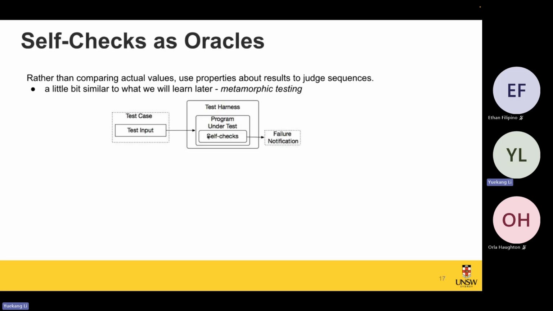But if we inject some checks within the target function itself, then we don't need to care about what kind of input we receive, right? If we can inject the checks properly. So in this case, these self-checks can be applied for multiple different inputs, and it's decoupled from the inputs. So it's more complete.